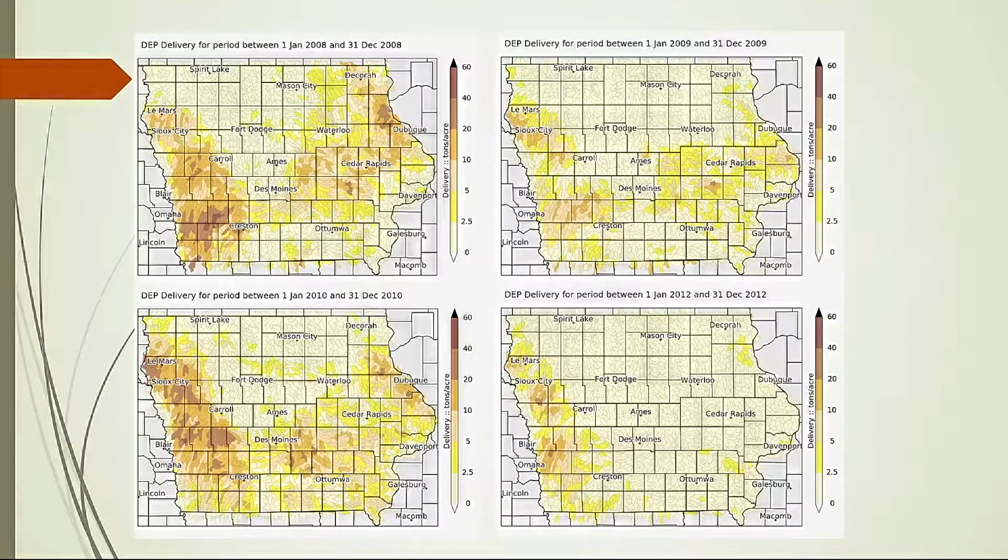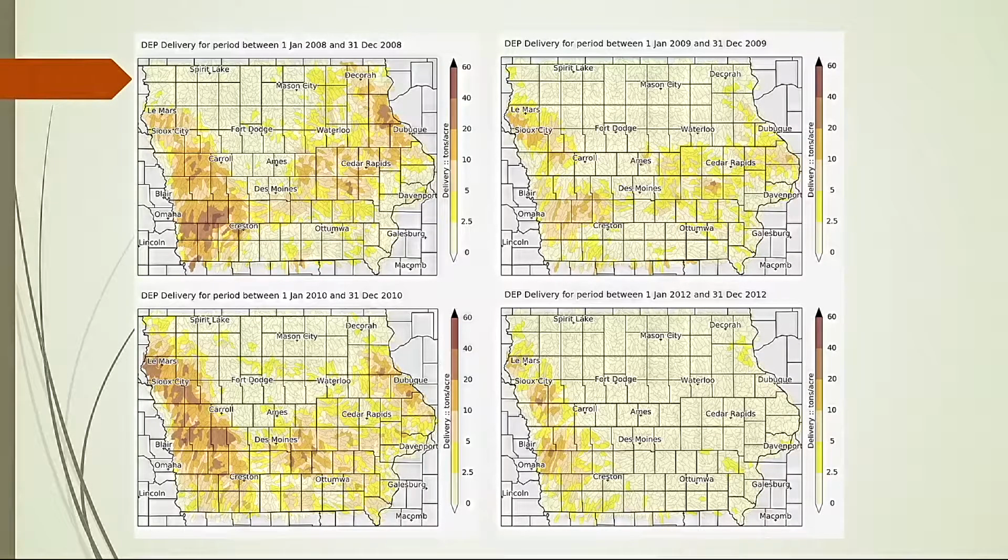So what you see here are 4 different years in which we've estimated soil erosion, the total for each year. We've taken the daily numbers and added them so that we get the total value. The color ramps are on the side. The darker the color, the greater the erosion rate. The maximum that we see on there is somewhere around 40 tons per acre in a given year that has moved past the head of that yellow arrow.